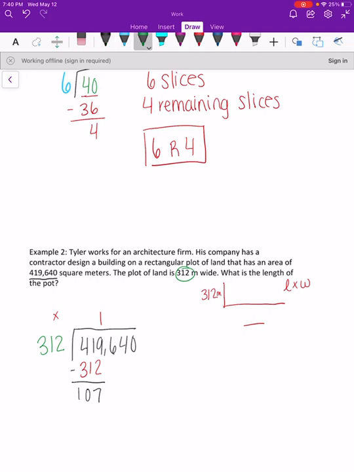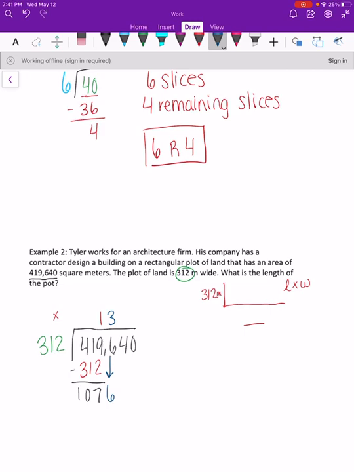We're going to drop down this 6. Let me do it in a different color. Let's do it in blue. We're going to drop down this 6. So now we have 1,076. And I'm going to think to myself, okay, how many times does 312 go into 1,076? Let's see, 300 times 3 is 900, so that's pretty close to 1,076. So we're going to do 3.